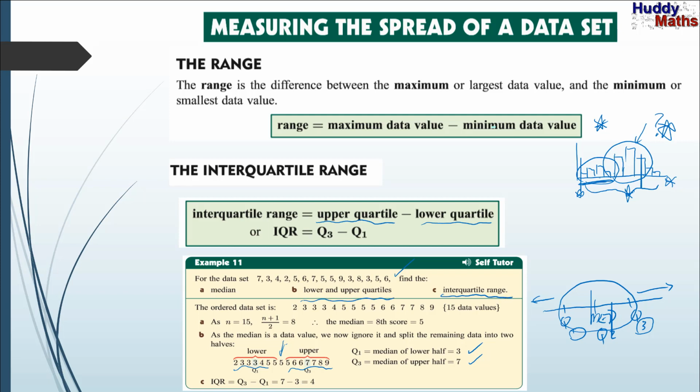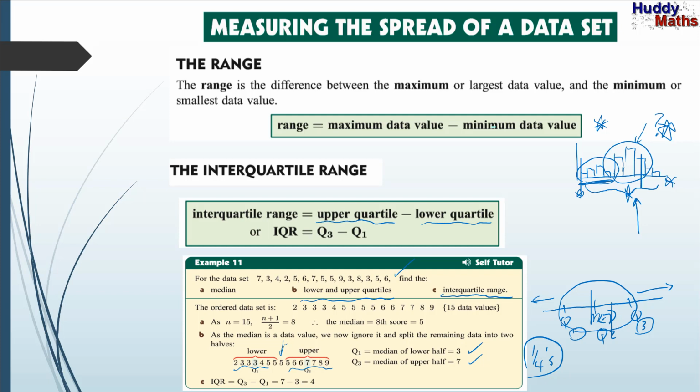So it's not a bad system. We're going to split our data set into quarters, and then take a measure of the middle 50%, or from the lower quarter to the upper quarter. Now, that's not a bad system of overcoming this problem up here, is it? Of where there's a dribble on the top and the bottom, but most of it's in the middle.